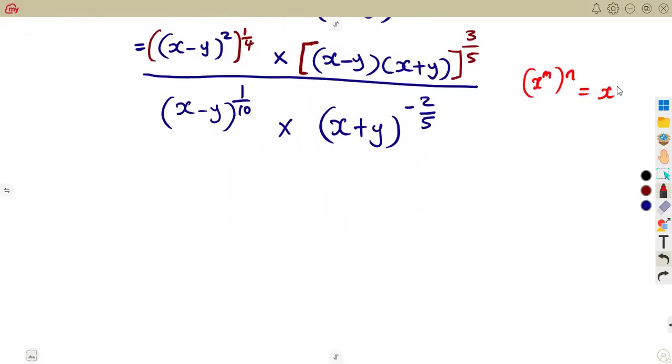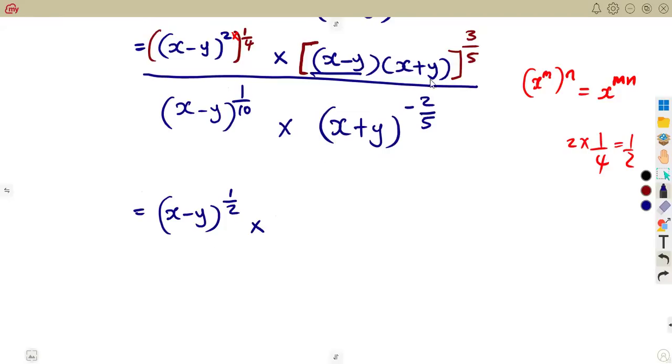You simply multiply m and n together, m times n. So here we're going to simply multiply 2 times what? 2 times 1 over 4. From your calculator, that's 1 over 2. So it was going to give us x minus y. The whole of this part, we multiplied, guys, 2 and 1 over 4. We multiplied them together, gave us 1 over 2.